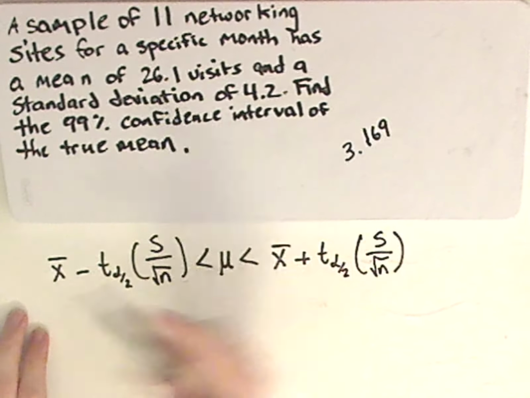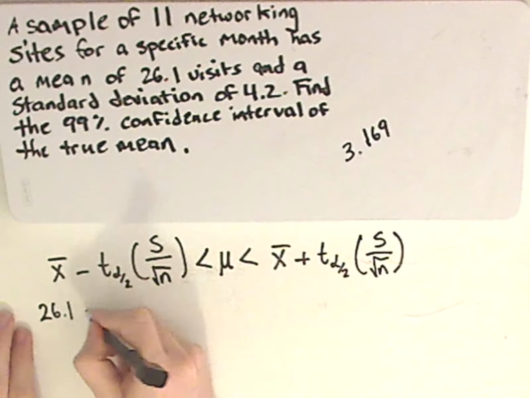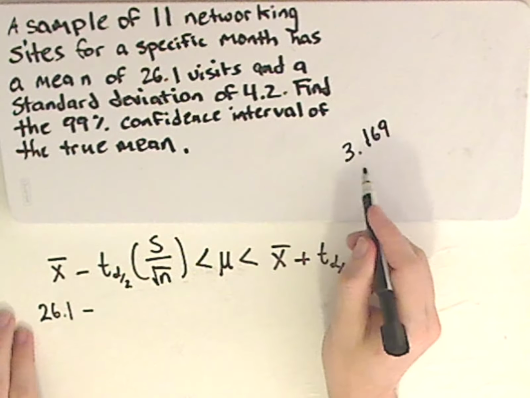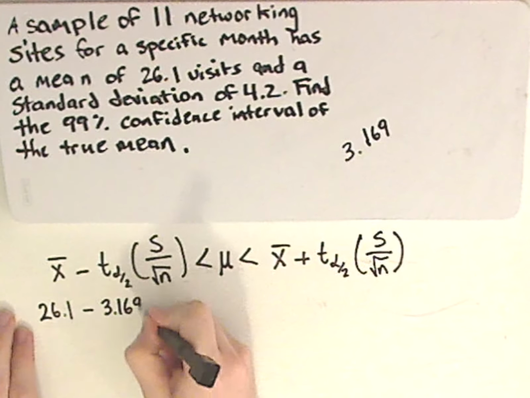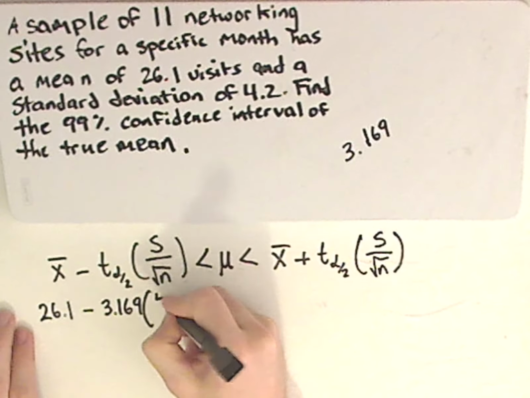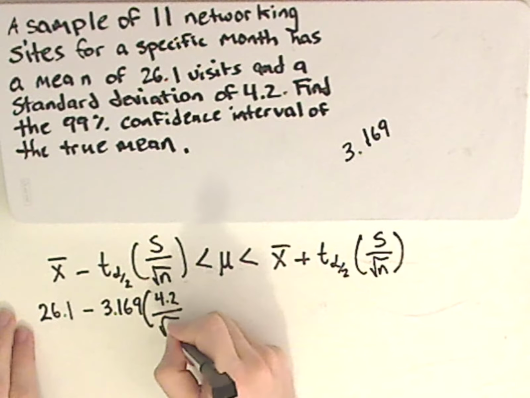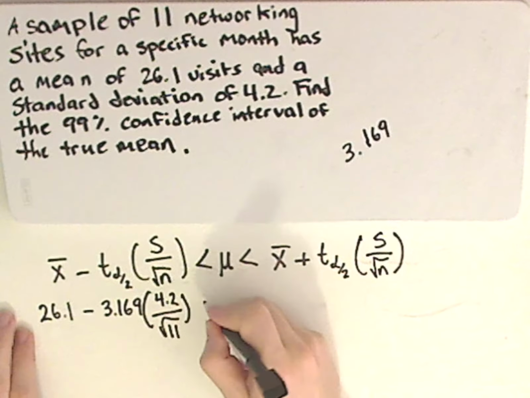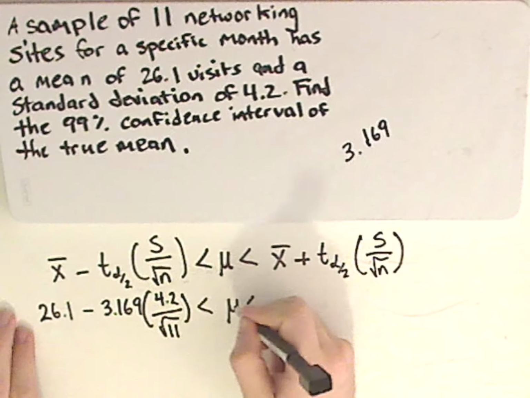So your mean is 26.1 minus the t that we found, which is 3.169. The standard deviation is given in the problem, 4.2, over the square root of 11, because that's our sample size. The mean of the population, we don't know.